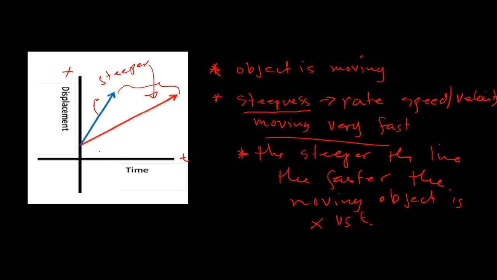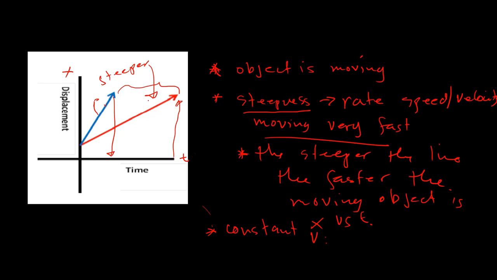So if we want to get information and compare the red line and blue line, we can simply assume that object 1 reaches the destination faster than object 2, because object 2 really consumes a lot of time compared to the object here. That means they are moving at constant velocity, because the line here is still straight, as you can observe on our diagram.